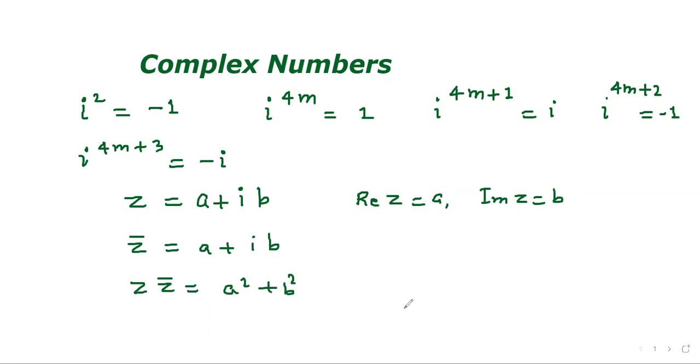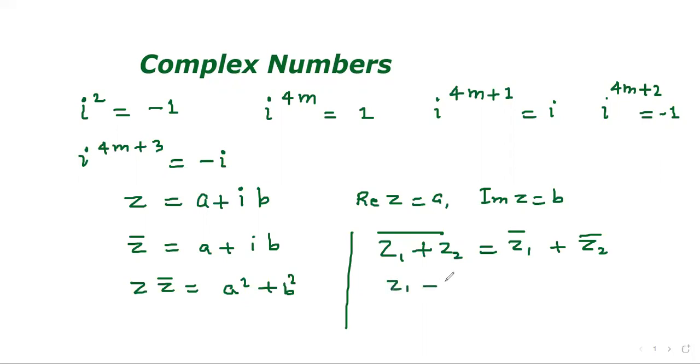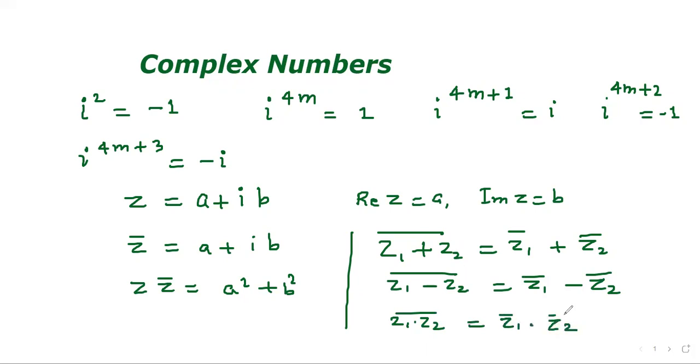Let's see some properties. So, z1 plus z2 complex conjugate is equal to z1 complex conjugate plus z2 complex conjugate. z1 minus z2 complex conjugate is equivalent to complex conjugate of z1 minus complex conjugate of z2, and z1 times z2 complex conjugate will be equal to z1 complex conjugate times z2 complex conjugate.